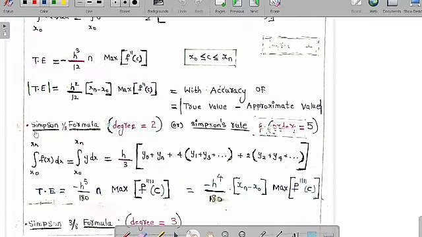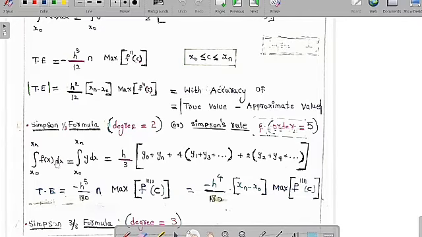Now the other formula, which is Simpson's 1 by 3 formula. Simpson's 1 by 3 formula, we use only for polynomials with a degree of 2, or simply we can say this is also called Simpson's formula, and the order is up to 5.